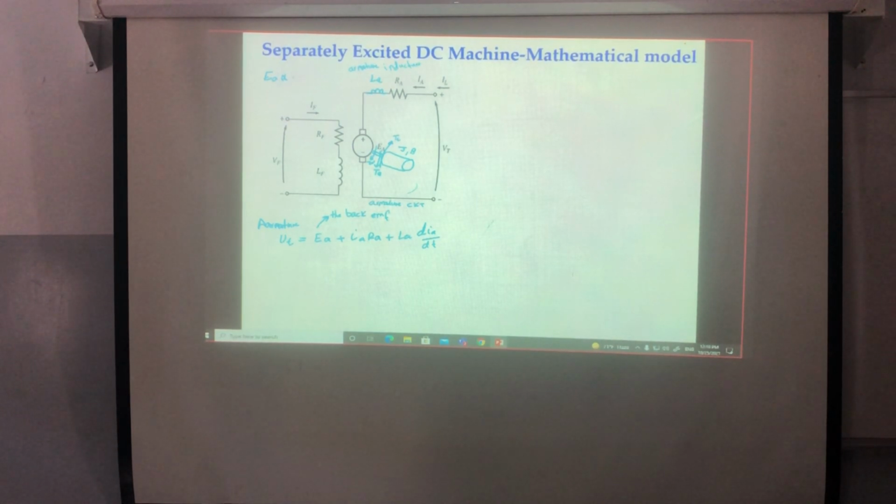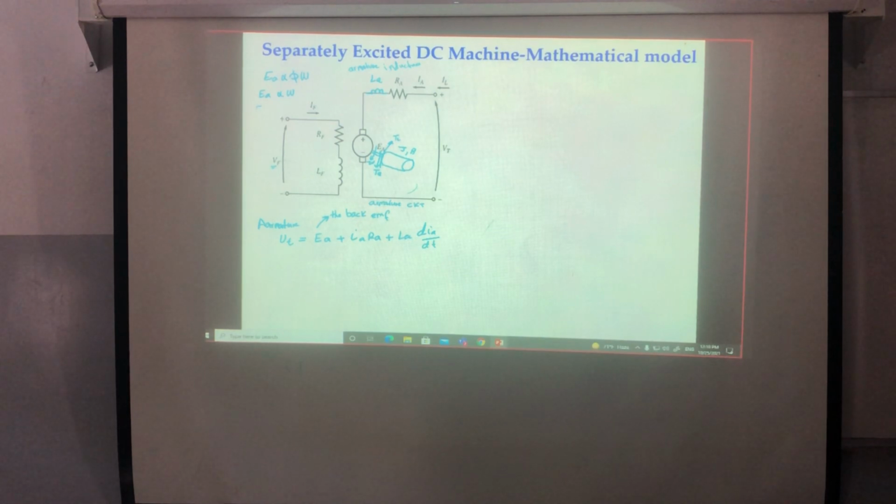Now EA is proportional to the flux and the speed. Because this is separately excited, I can fix the field and maintain it constant at the rated value. So EA is proportional to omega.